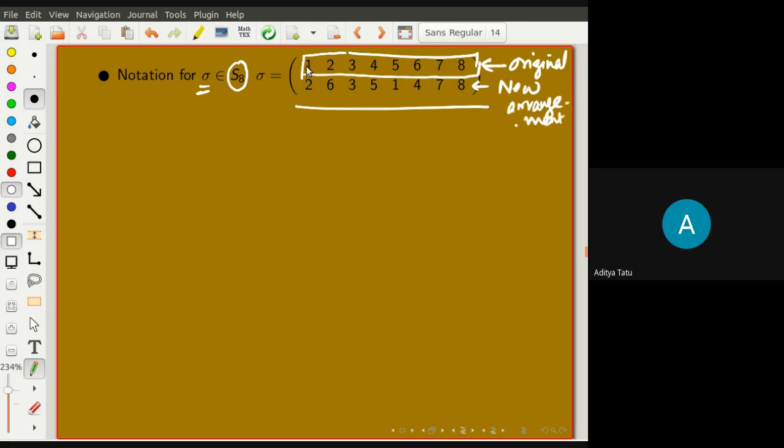So 1 goes to 2, 2 goes to 6, 3 stays as it is, 4 goes to 5, 5 goes to 1, 6 goes to 4, 7 stays as it is, 8 also stays as it is. Is the notation understood? Yes, sir.